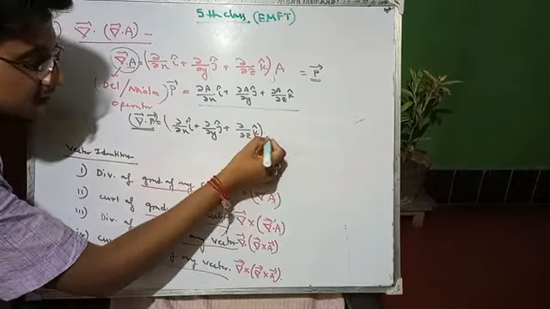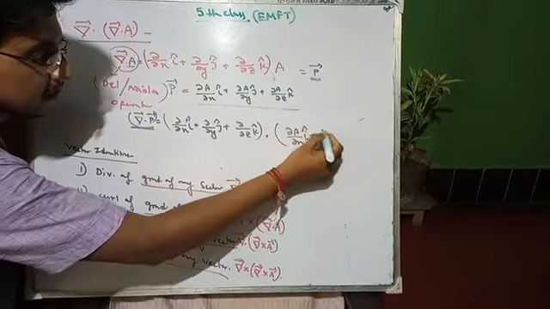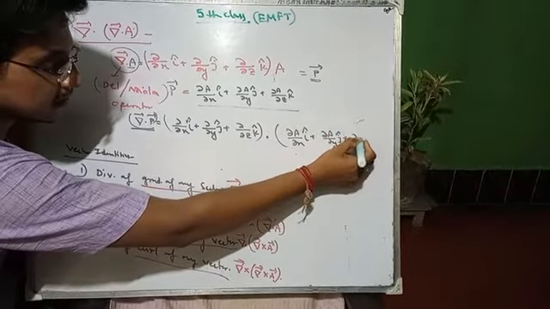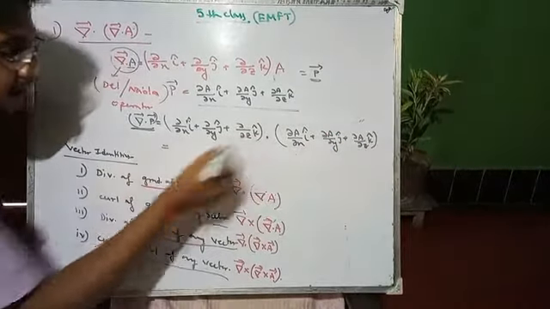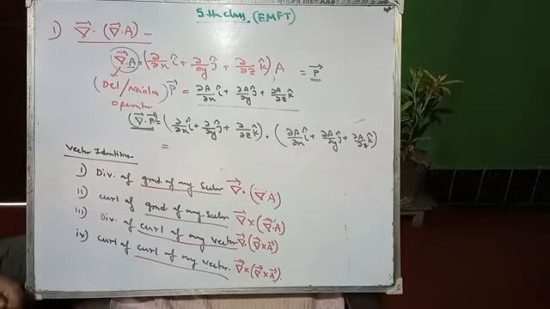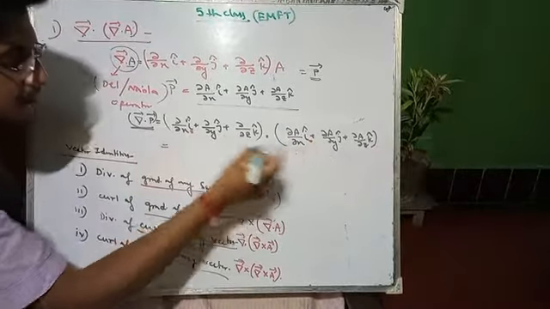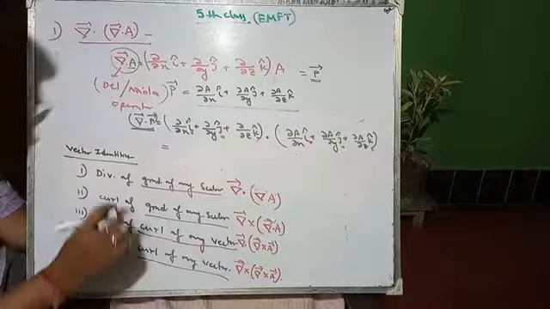So making a dot product with del a del x I cap plus del a del y j cap plus del a del z k cap. So dot product means what? I cap dot I cap will be 1, j cap dot j cap will be 1, k cap dot k cap will be 1, and the rest are 0.